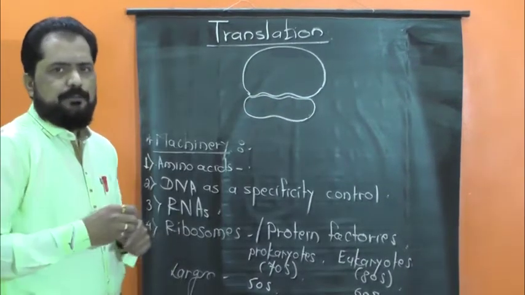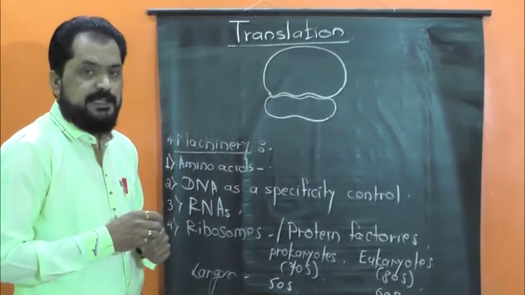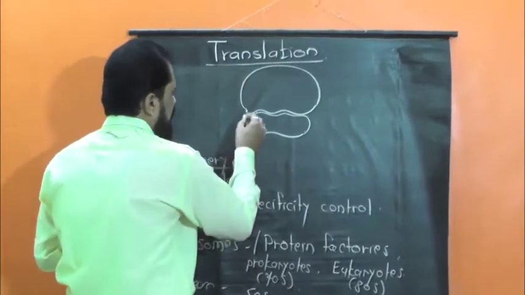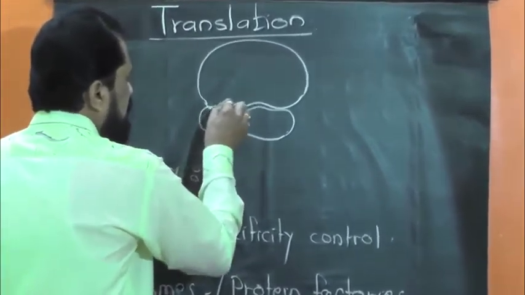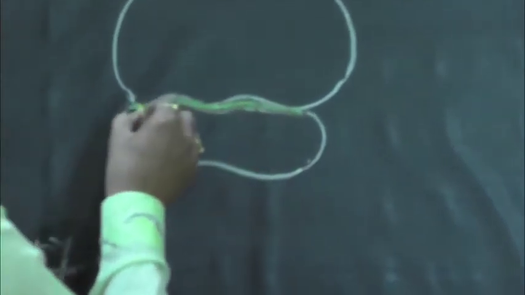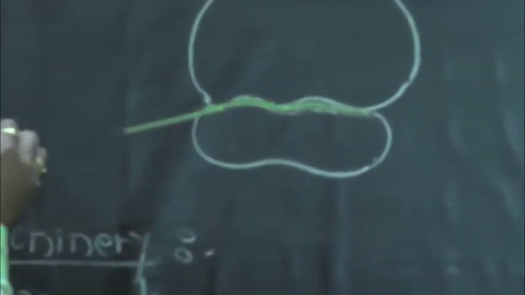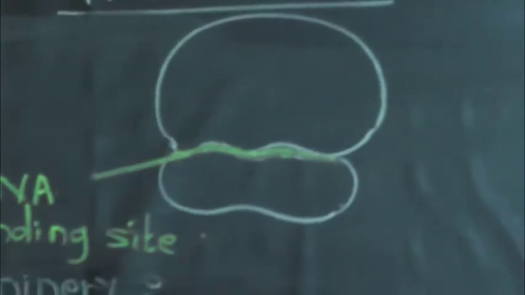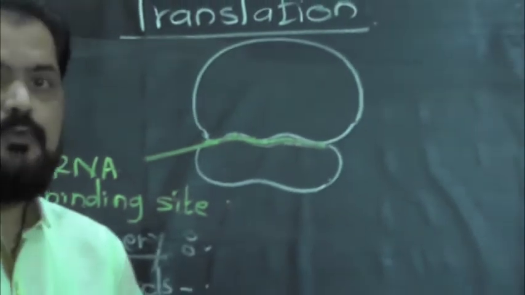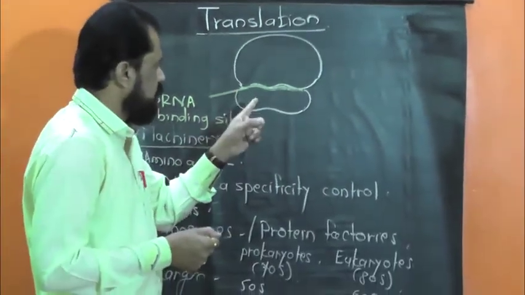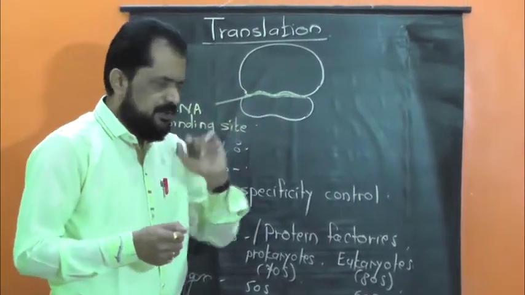The ribosome has different binding sites, such as the first one, the mRNA binding site. It means during translation, the mRNA binds the ribosome at this region.